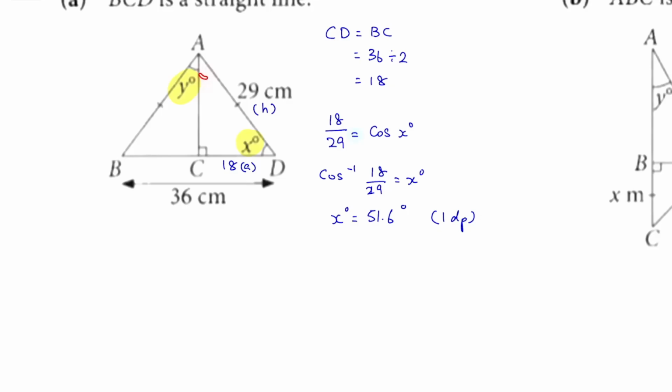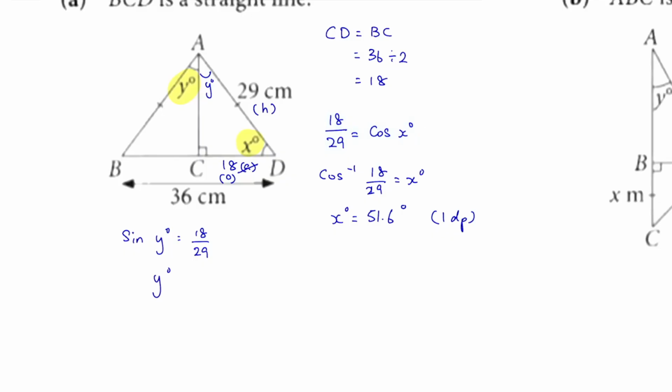Next we are supposed to find y. y is the same as this angle, so we're going to use this angle. How to find y? We have these two lines again, so use the same two lines. In this case, 18, my CD, is opposite of y, so this one is no longer A, this is O. O and H is sine, so sine y degrees equals 18 over 29.